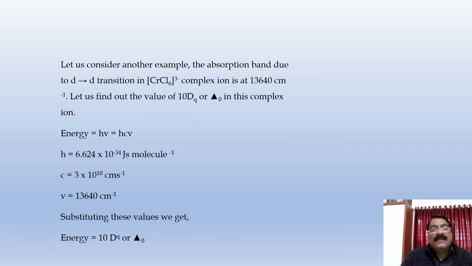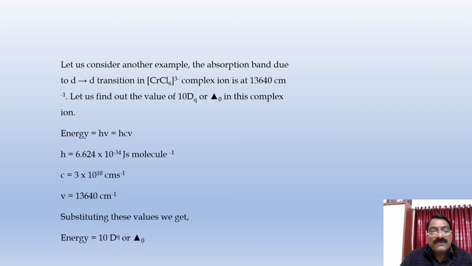Let us consider another example of absorption band due to d-d transition in the [CrCl6]3- complex ion. At 13,640 cm^-1, let us find out the value of 10 Dq or delta O in this complex. Energy is equal to h c nu-bar, where h is Planck's constant, c is the velocity of light, and nu-bar is 13,640 cm^-1.